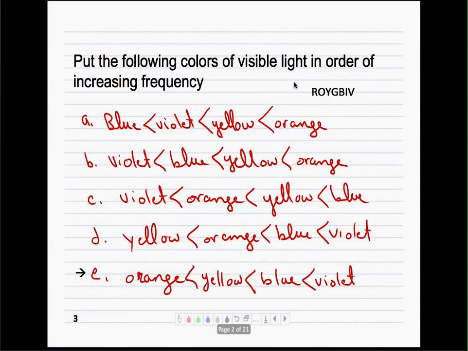As you can see, the orange is definitely less in frequency than the yellow, than the blue, than the violet. So E is the right answer. Any of the other answers, there is a mistake right there. Either the frequency is switched, or the whole series is wrong. So E is the right answer for this one.